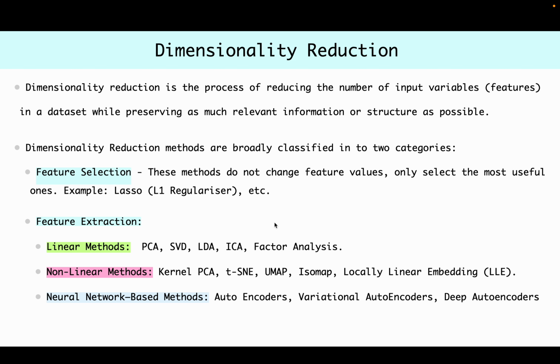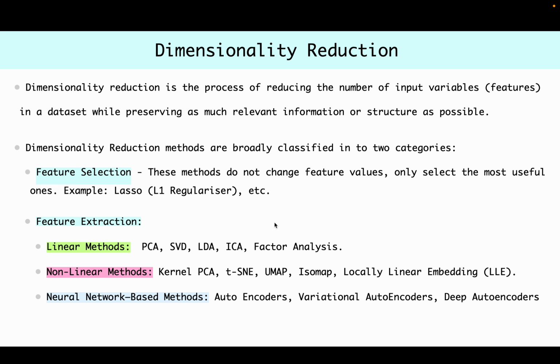There are three different categories in feature extraction. One is linear methods, the other category is non-linear methods, and the third category is neural network based methods. In linear methods, we have principal component analysis, PCA, singular value decomposition, SVD, linear discriminant analysis, independent component analysis, factor analysis, etc. In non-linear methods, we have kernel PCA, t-SNE, and so on.